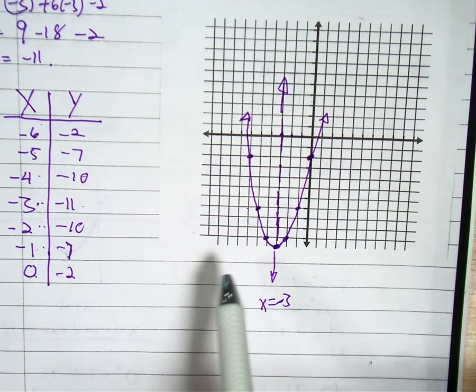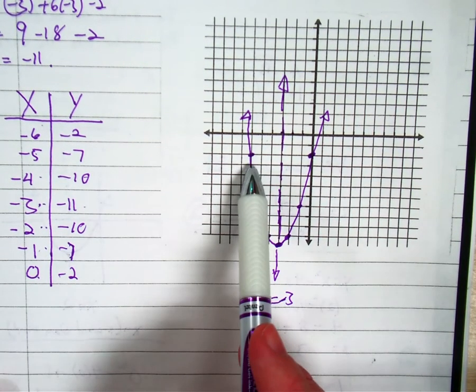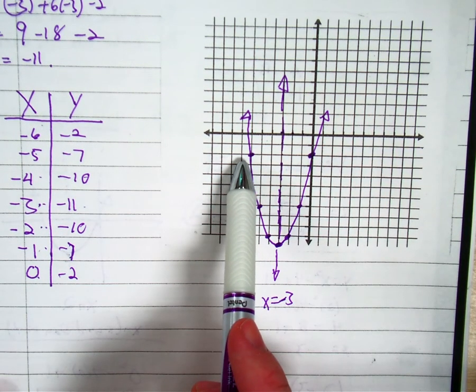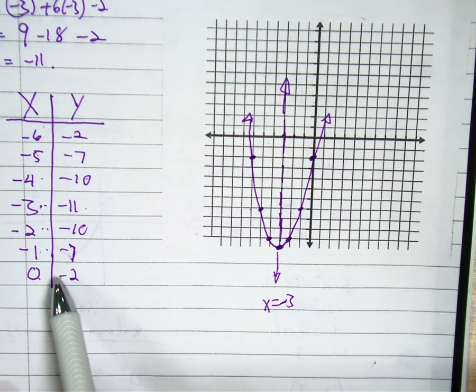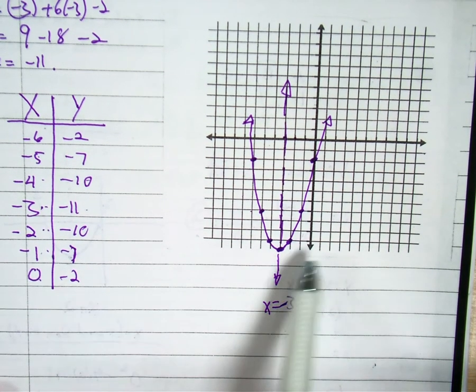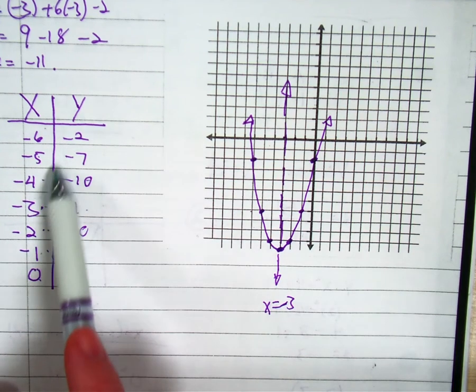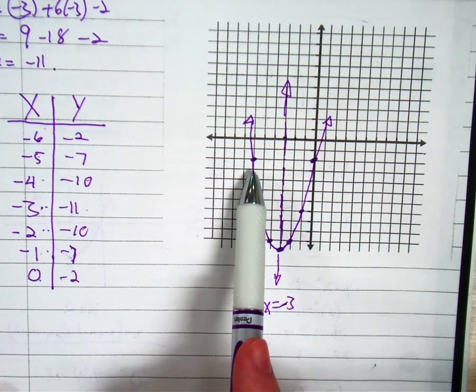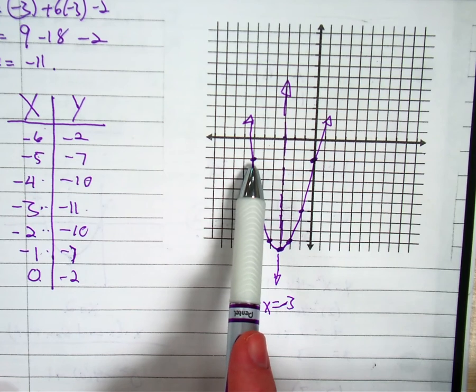If it's nice points, guys, I don't mind if you don't actually label them, especially if they're over here, like -6, -2 is right on the money right there.